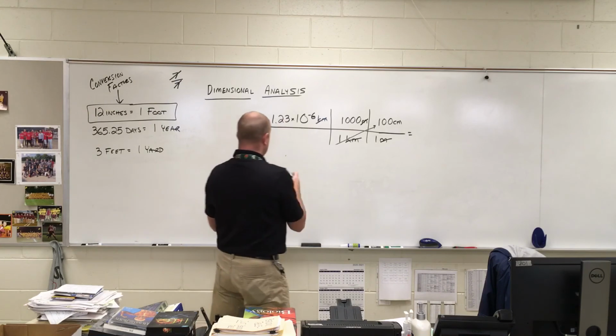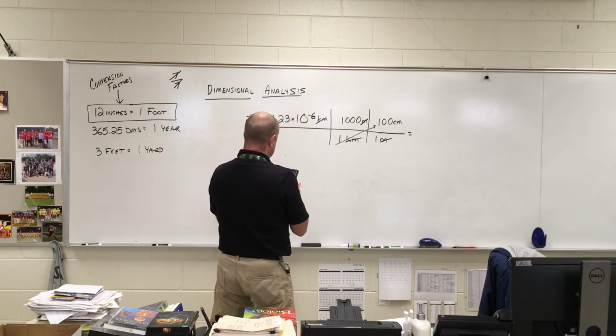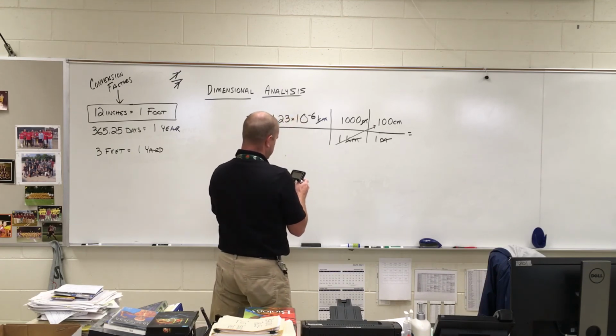Again, I'm going to put in parentheses 1.23 e negative 6 times 1,000 times 100, okay? 1.23 e to the negative 6 times 100 times 1,000.